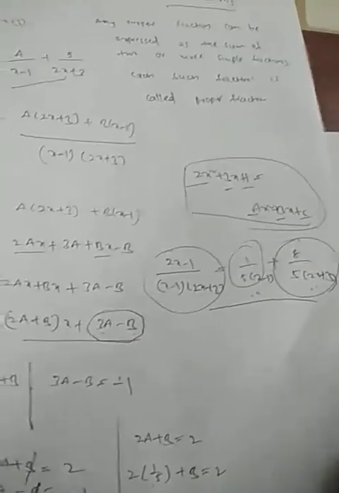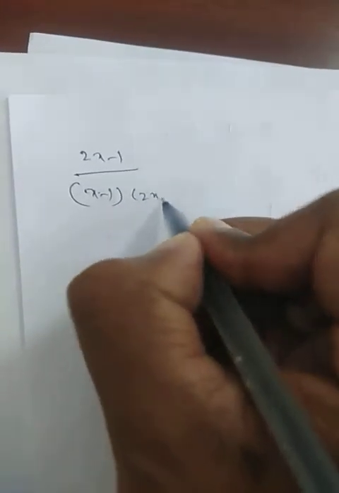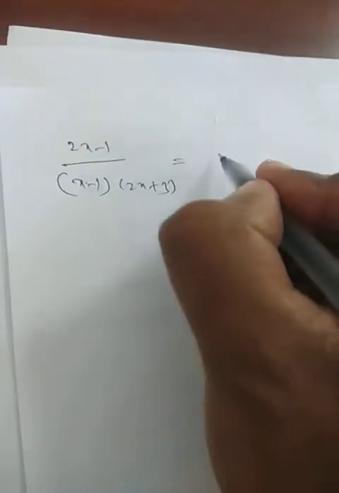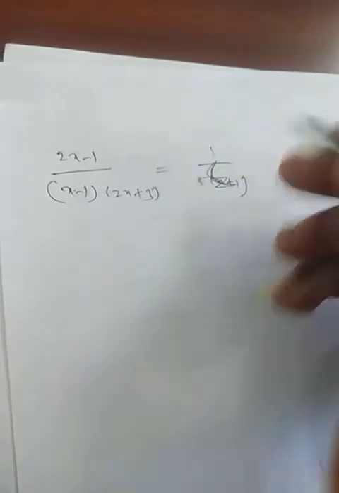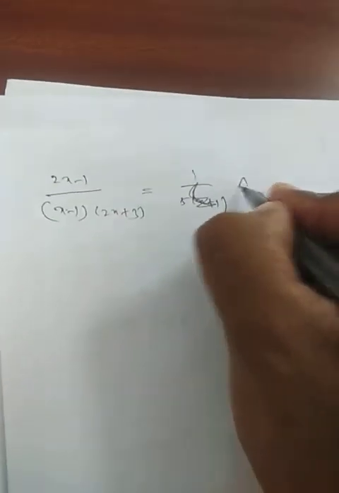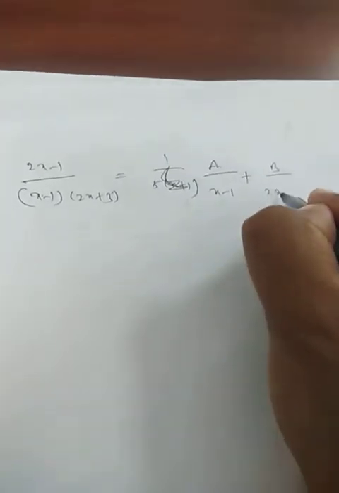In the same way, I can do that same question in a different way. Look at it. Don't be confused. I am going very slow. 2x minus 1 by x minus 1 into 2x plus 3 is equal to, sorry, not 1 by 5, just a similar way, a by x minus 1 plus b by 2x plus 3.